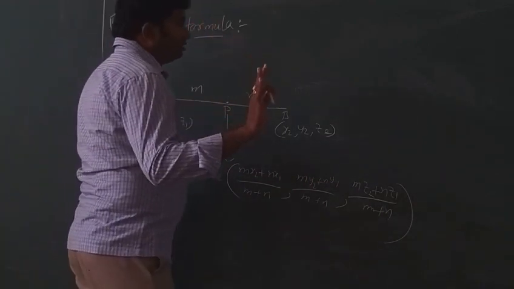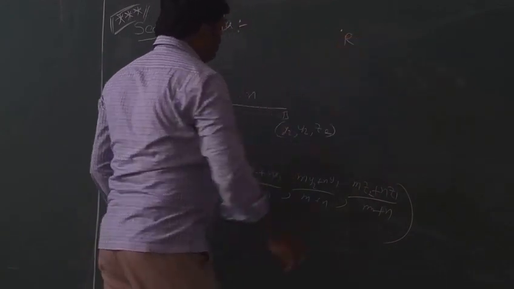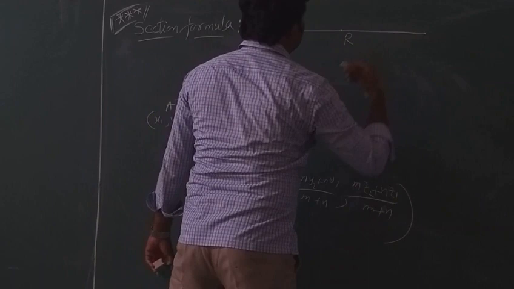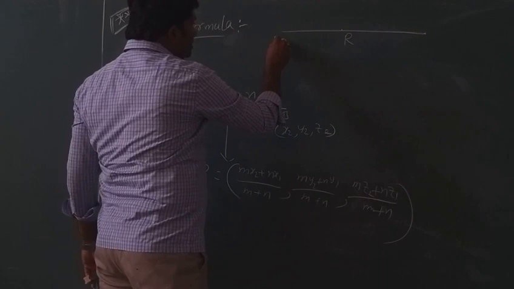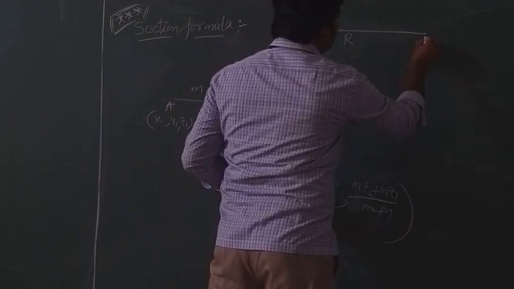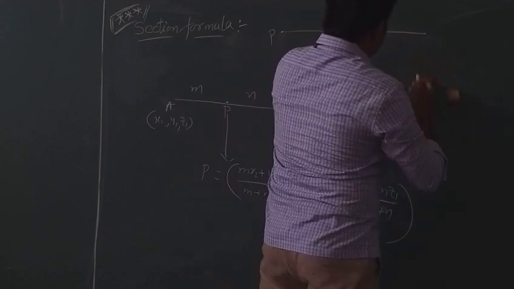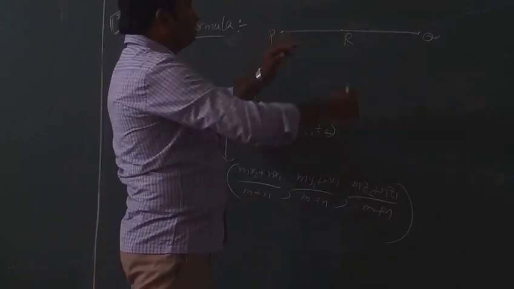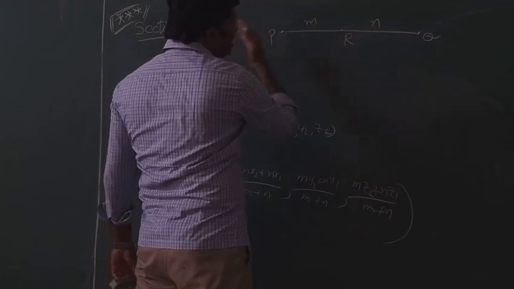In vectors. See. Don't write, what is the statement, I will state it also, right? See. The point, in place of P, we are going to take R. If the point R divides the line segment PQ, this end is P and this other end of the segment is Q. So this point R divides the line segment PQ in the ratio M is to N, PR is to RQ.